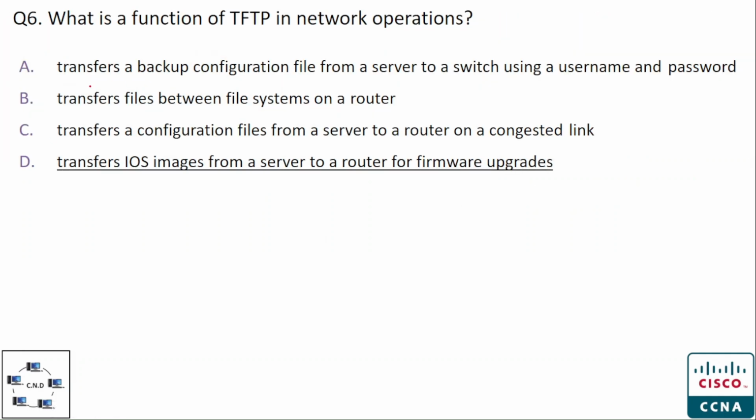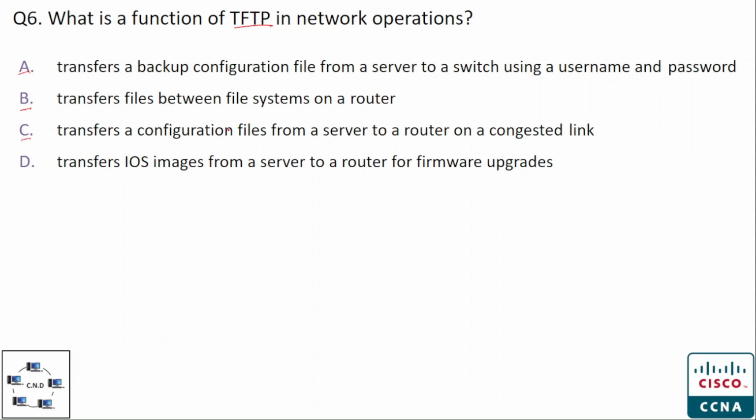Question number 6. What is the function of TFTP in network operations? And the options are option A, transfers a backup configuration file from a server to a switch using a username and password. Option B, transfers files between file systems on a router.